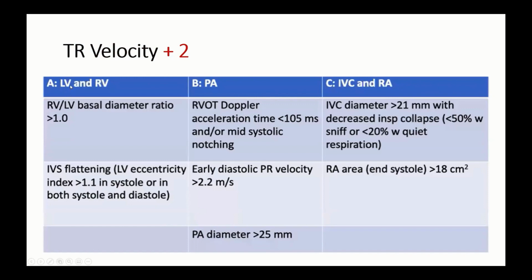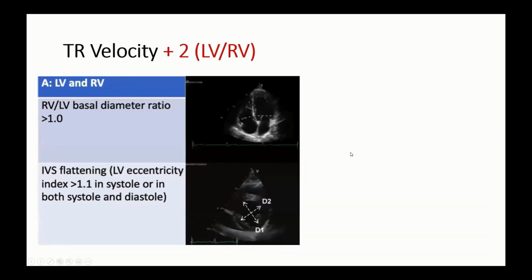So 3 groups: the LV and RV, the PA itself, the pulmonary artery, and then the IVC and the right atrium together. For the LV and RV, the parameters say the ratio of the RV to LV more than 1. Is the RV bigger than the LV?